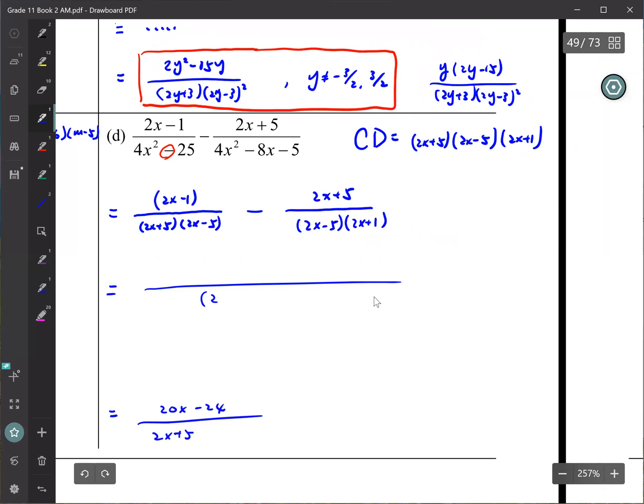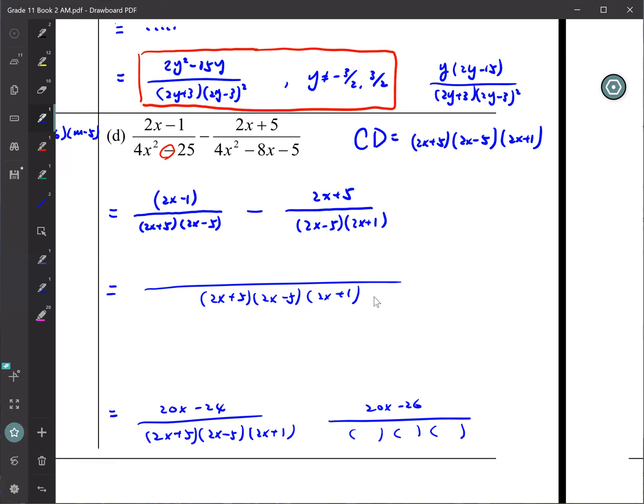Okay, lots of writing, huh? 2x minus 5 and 2x plus 1. Okay, anyone else got different? I have 20x minus 26, and then the same denominator. Okay, anyone else got different?